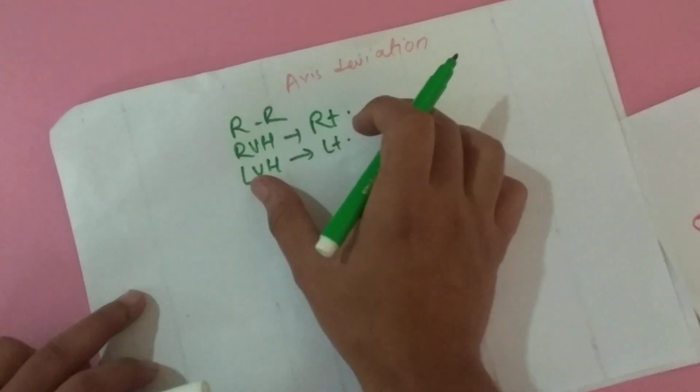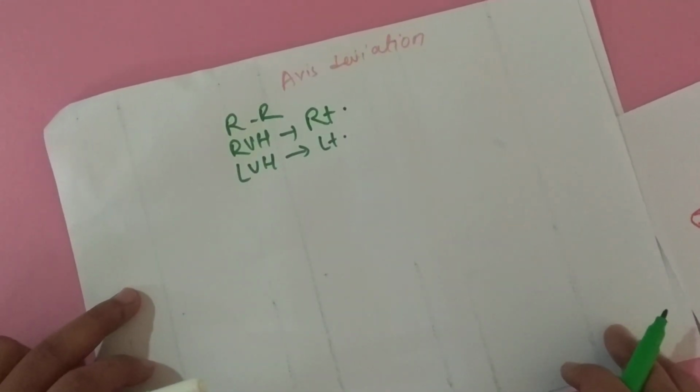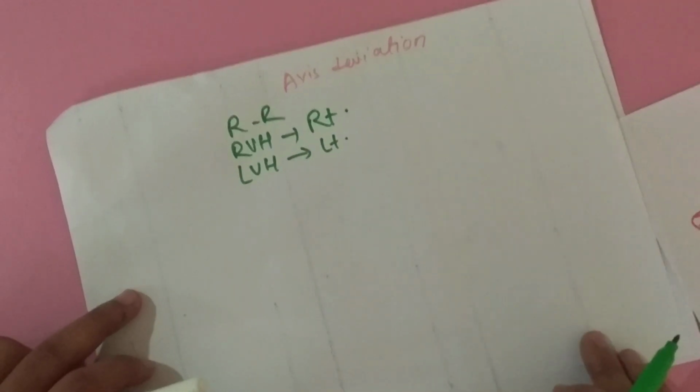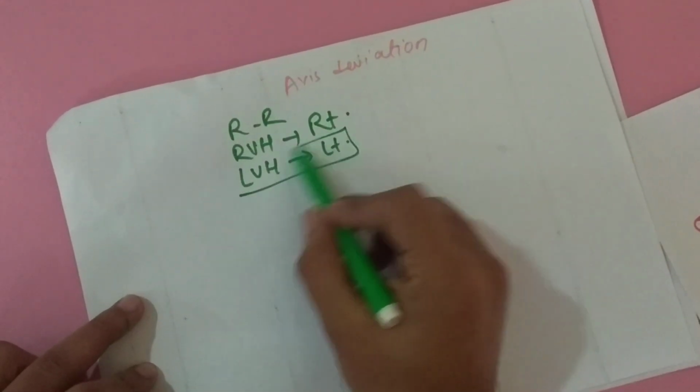So this basic thing you need to keep in mind. Now we'll be discussing how to look at axis deviation in another video, and till then you can revise the criteria for left ventricular hypertrophy.